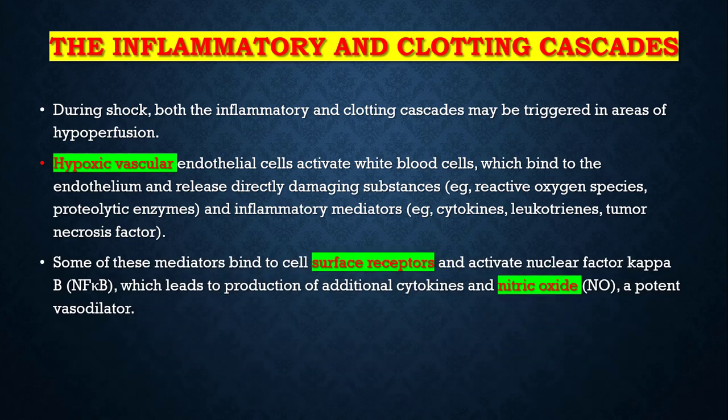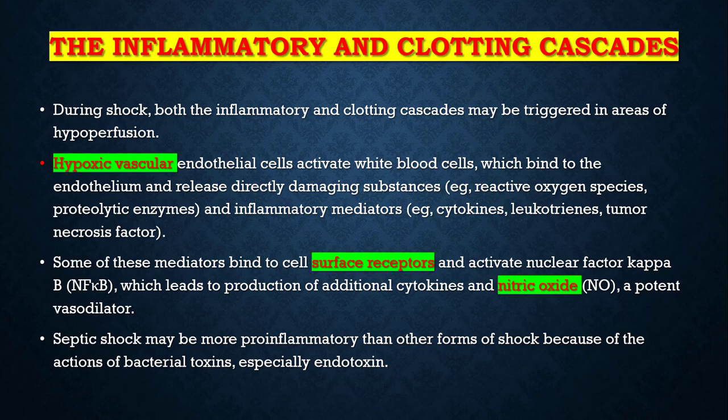Some of these mediators bind to cell surface receptors and activate nuclear factor kappa, which leads to production of additional cytokines and nitric oxide, a potent vasodilator. Septic shock may be more pro-inflammatory than other forms of shock because of the action of bacterial toxins, especially endotoxin.